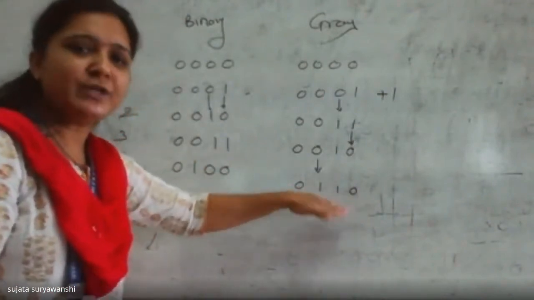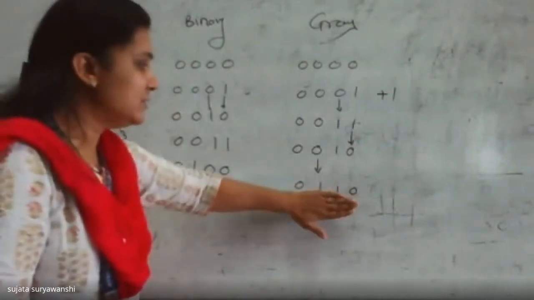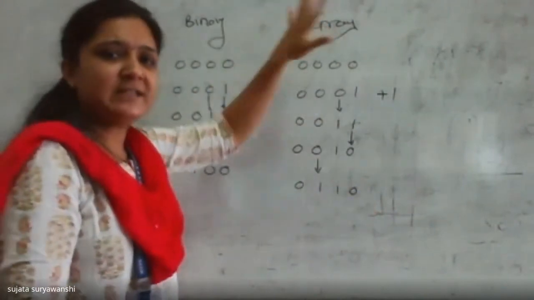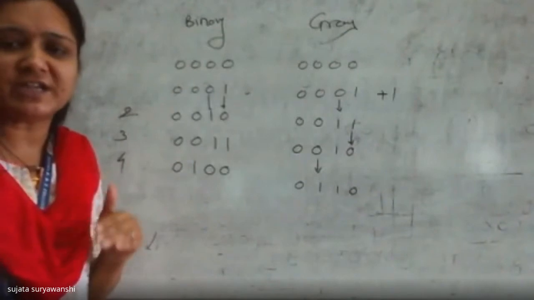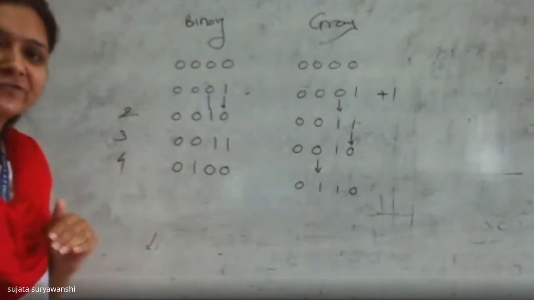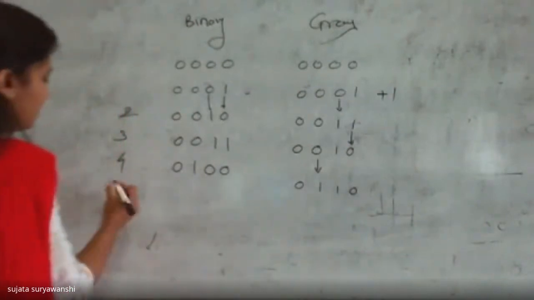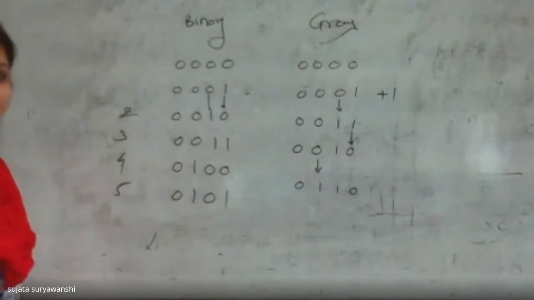This actually represents 6 in binary, but now 0, 1, 1, 0 is the symbolic representation of gray, as the condition is what? Unit distance code, means only 1 bit will change at a time in case of gray number when you increase by 1. Okay. Now, how to represent 5 here? 0, 1, 0, 1 in case of binary.